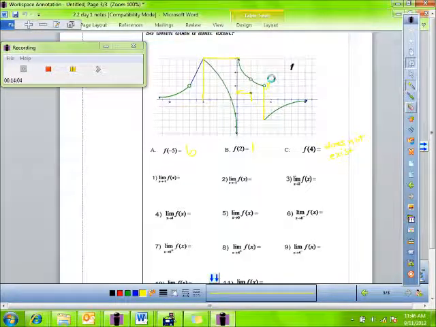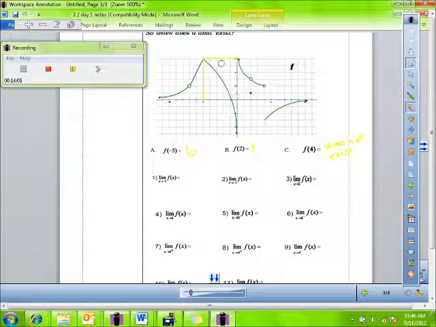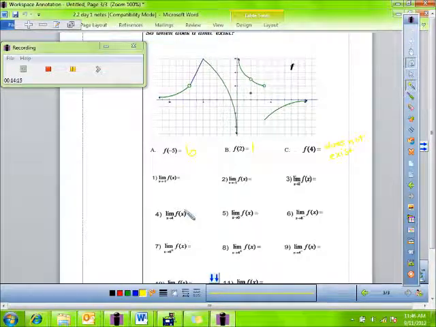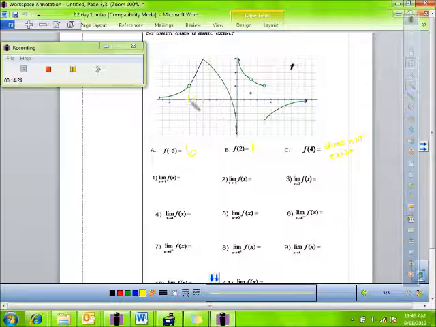So now, let me erase some of this stuff. We talked about the function values there. Now let's talk about their limit. The limit as x approaches -7: not the function value at -7, what's the behavior of the graph at -7?